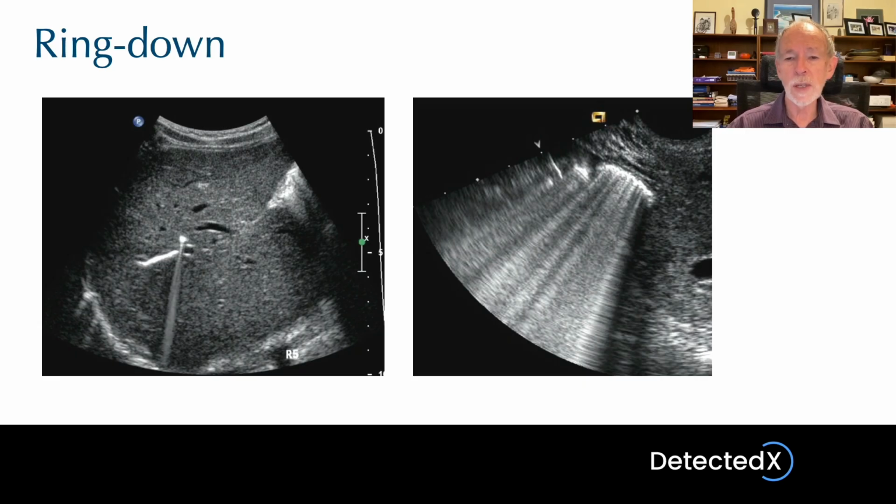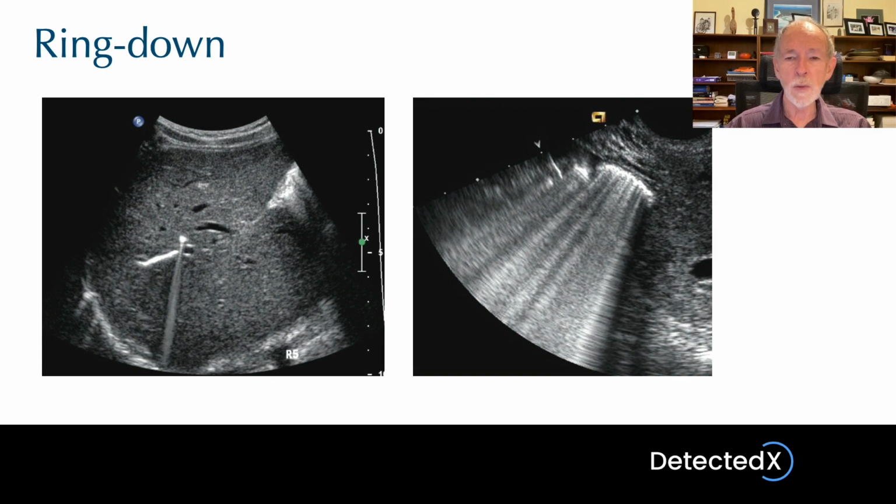So this is one of the major things about ringdown artifact and gas in general, that it can block us from imaging deeper than the location of the gas. In this case, if you needed to see those tissues, you'd have to find an alternative window, or you'd have to ask the patient to come back and prepare them in a way that minimized the presence of gas bubbles.